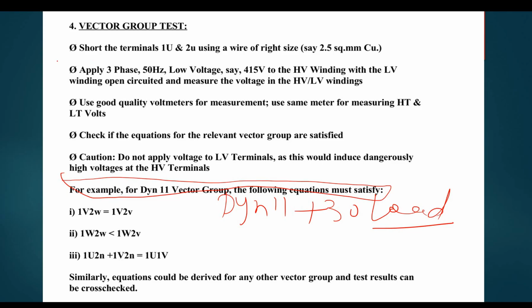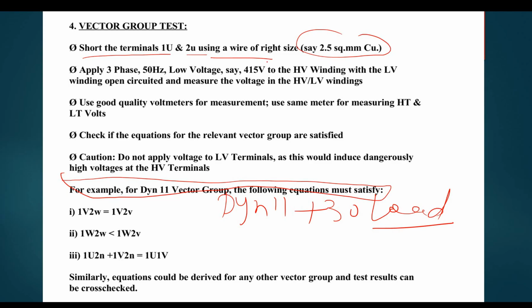For Dyn11, short the terminals 1U and 2U using a wire of the right size, 2.5 square mm copper.